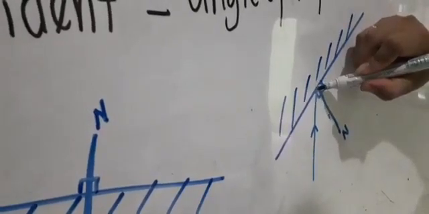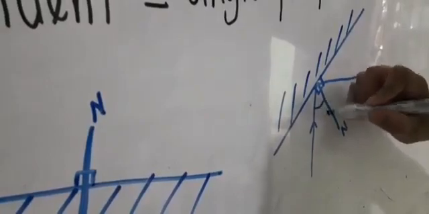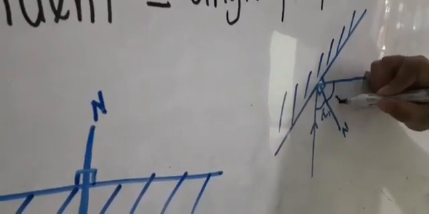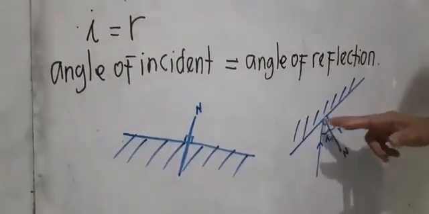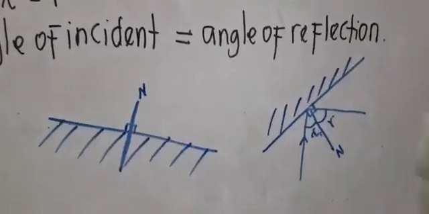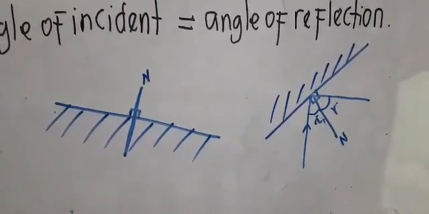So when the light comes to the surface in this direction, we can easily find the reflected angle as the same angle as the incident angle, I and R. So it is easy to calculate the reflected angle when we know how to draw the normal line based on the surface of the area.